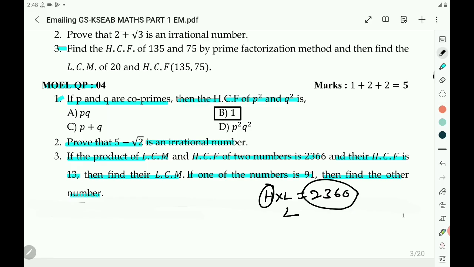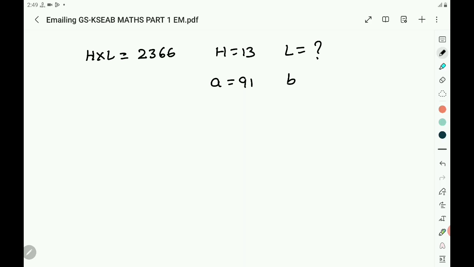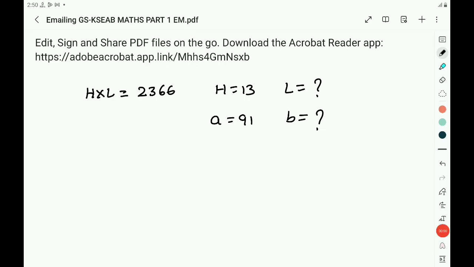And to get the other number, we have to use the relation H into L equals A into B. Given that H into L equals 2366 and H equals 13, L equals question mark, and A is given as 91, B equals question mark.